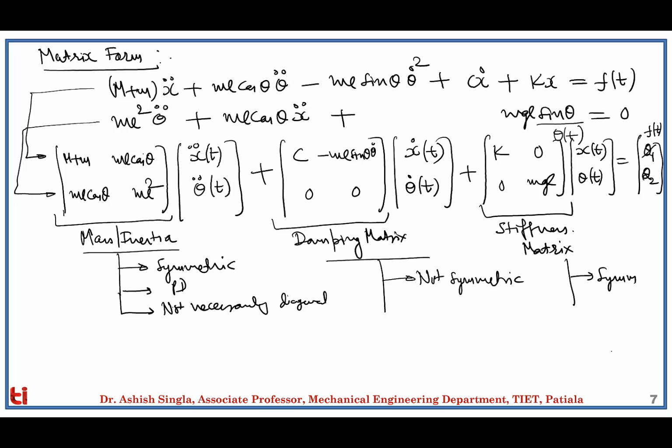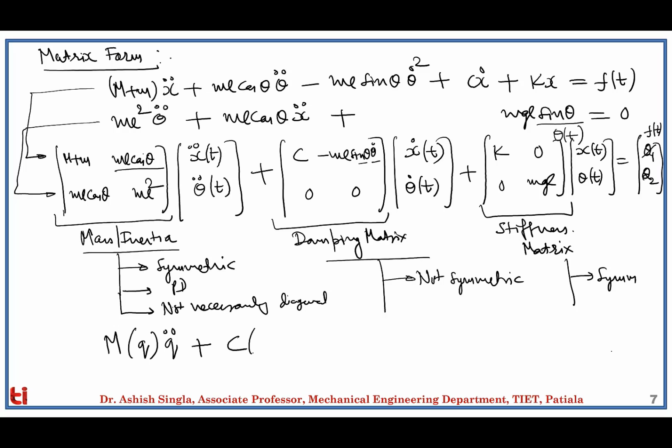Next comes their functional dependencies. Here we can see the mass matrix always depends upon the position. Here you can see the second term which depends upon theta. We can write it as M(q) q̈ plus the C matrix. Here you can see it depends upon both theta as well as theta dot, and in more complicated systems it may also depend upon x and ẋ.